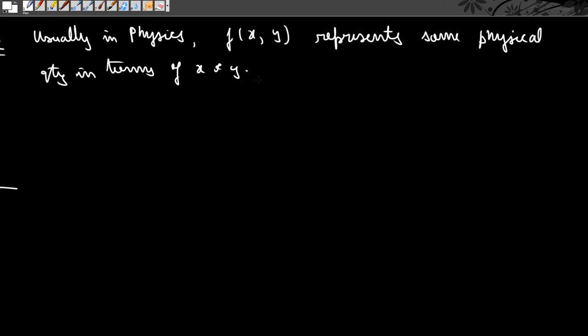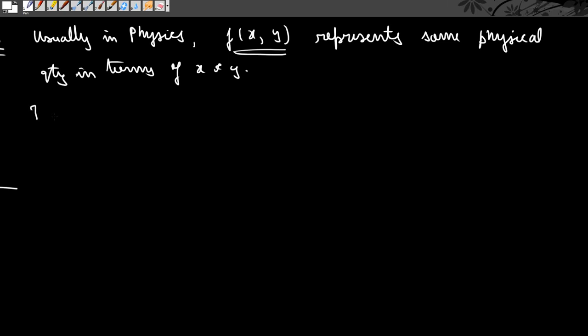So this may be, for example, the Lagrangian, which is expressed in the form of velocities and coordinates, where x becomes the coordinate, y becomes the velocity. That is one example, and similarly you can think of many other examples as well. So that is what I meant by saying that f of x y represents some physical quantity in terms of the variables x and y.